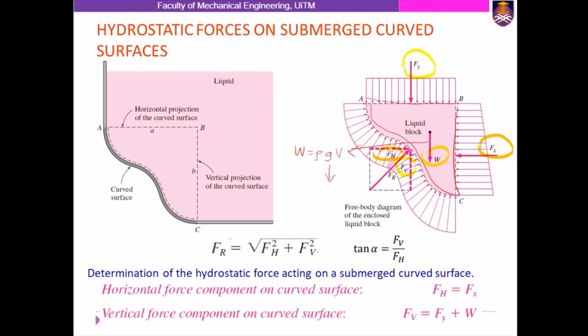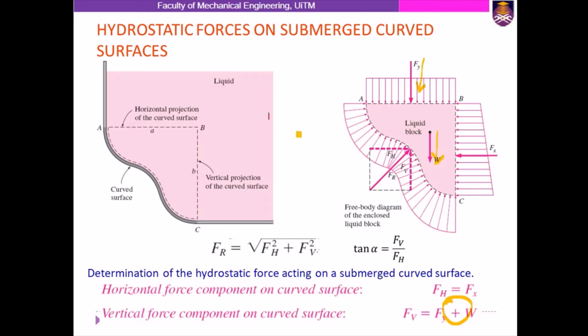So from this we know that Fh equals Fx, and Fv equals Fy plus W. This is plus because the direction is the same.